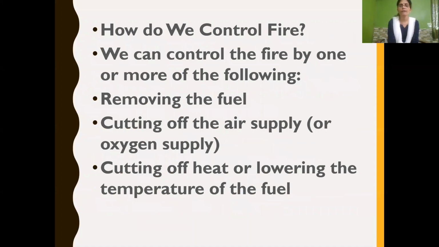We can control fire by one or more of the following reasons: by removing fuel, by cutting off the air supply, otherwise called oxygen supply, cutting off heat, or lowering the temperature of fuel. By one or both of these reasons we can control fire.